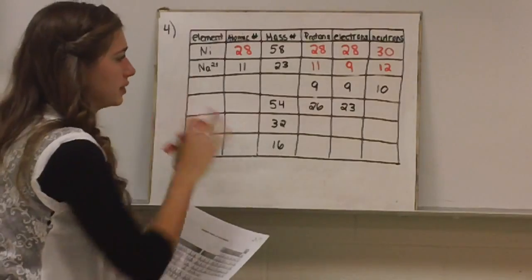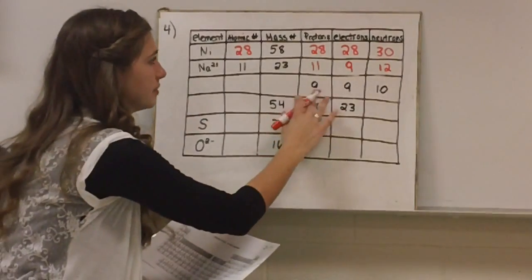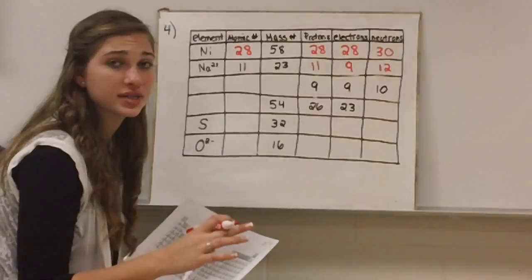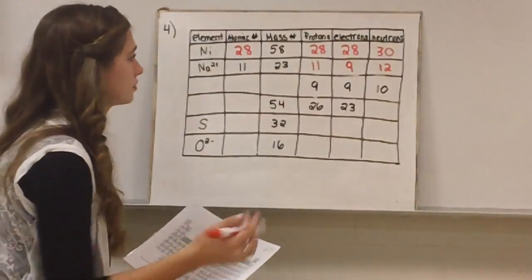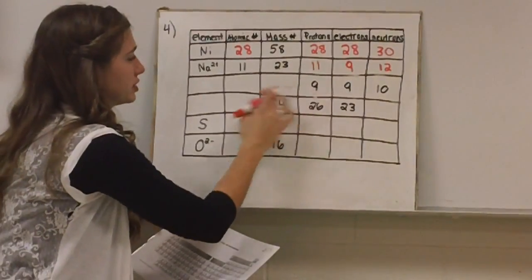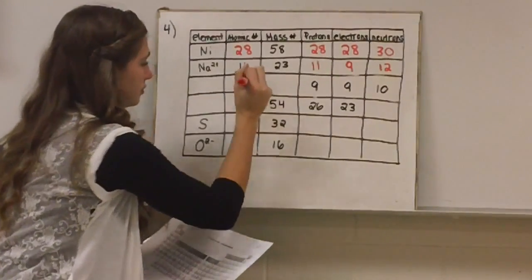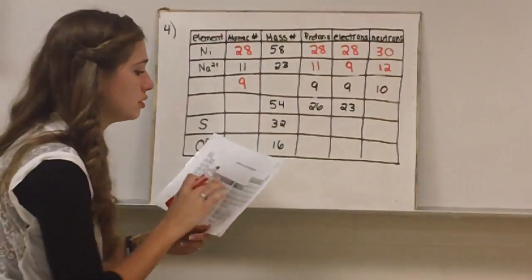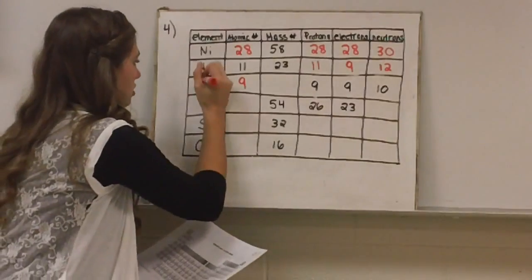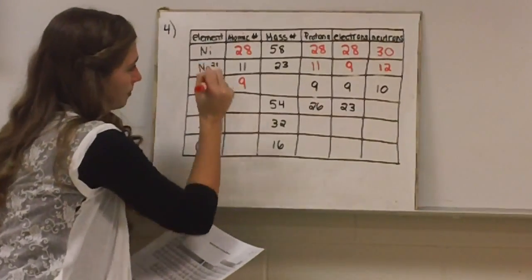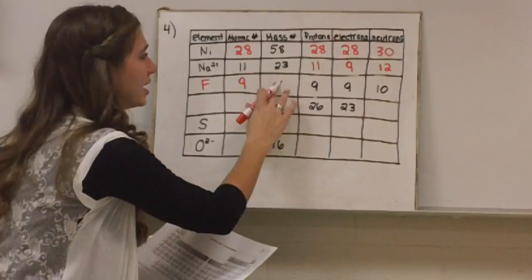Alright, let's do this last one. We have the same number of protons and electrons, which tells us that it's a neutral atom. We also know, since protons are the same number as atomic number, that it's going to be 9. We can look on our periodic table and find that fluorine is number 9. Now we're looking for mass number.